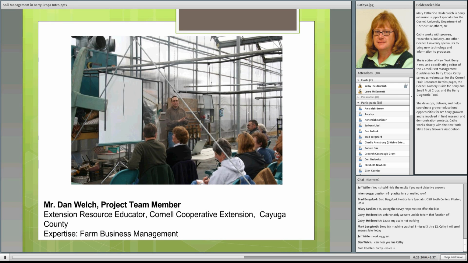He's going to be tracking the economics of nutrient management for us. So we'll have a comparison between a calendar-based crop age fertilization plan and plans based on test analysis results.